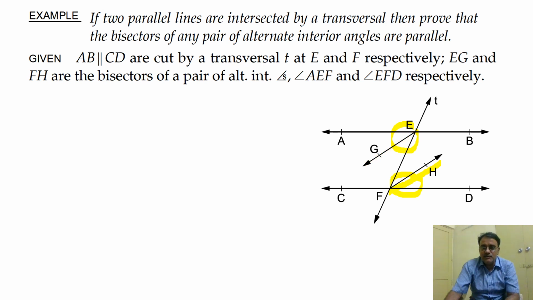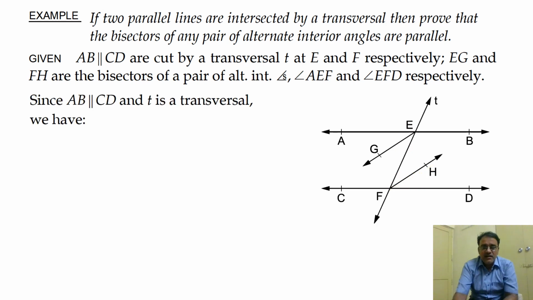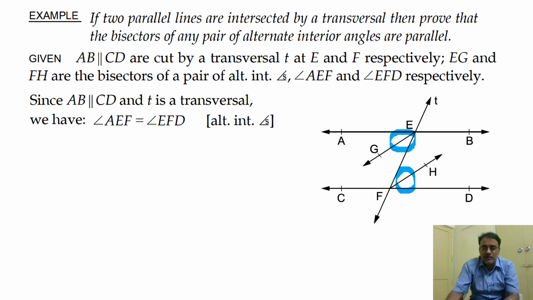Let me erase this. Now next, what we have to show. Since AB is parallel to CD and the line is a transversal, we have angle AEF is equal to angle EFD. Why? Because these two are alternate interior angles. This whole angle and this whole angle will be equal. Okay, why? Because they are alternate interior angles.